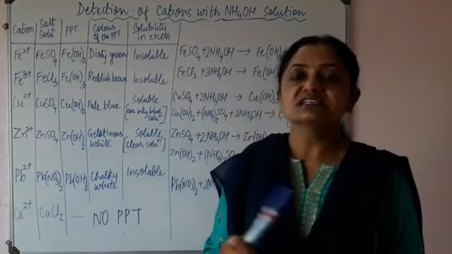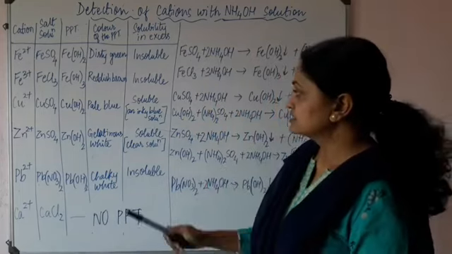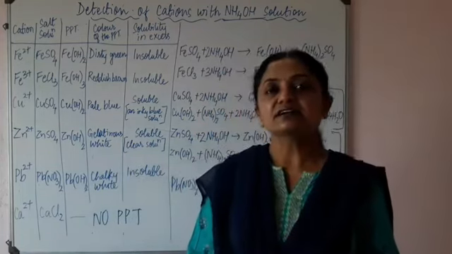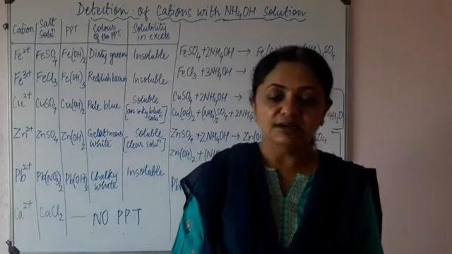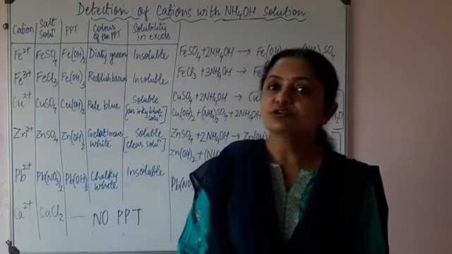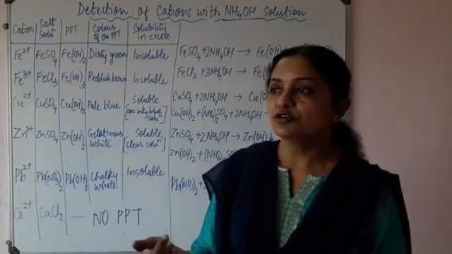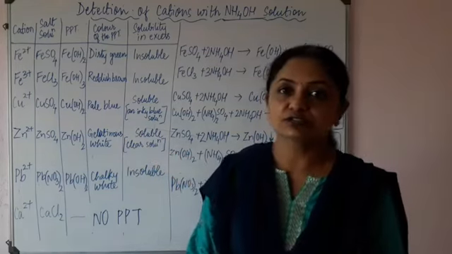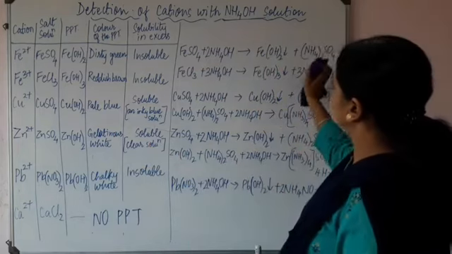So in both the cases, what is common is zinc. Zinc hydroxide is soluble in excess of ammonium hydroxide, and zinc hydroxide is soluble in excess of NaOH. So in both the cases, zinc hydroxide is soluble. In this, cupric hydroxide is soluble, and in that, lead hydroxide is soluble. So that is what we have to remember.